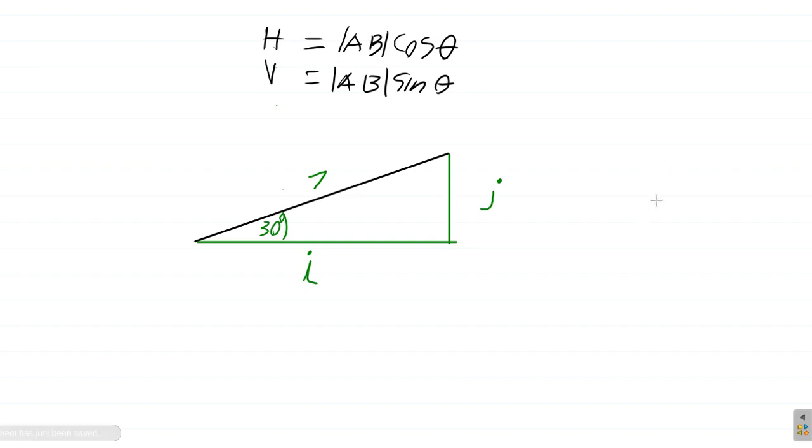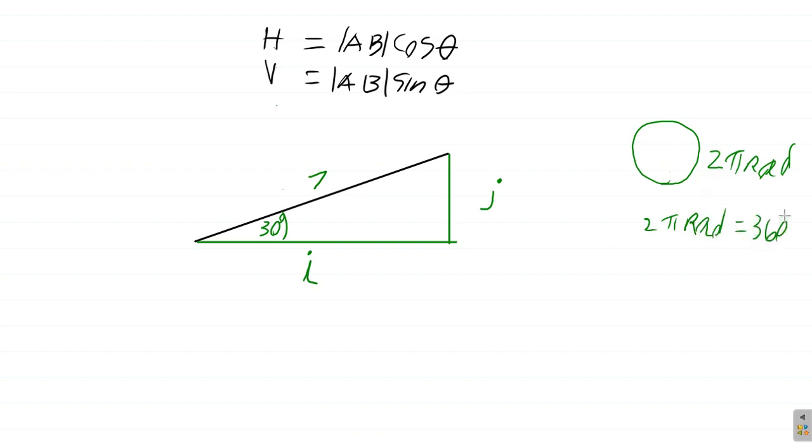Now you remember, you have one entire revolution containing 2 pi radians, because circumference equals 2 pi r. 2 pi radians is 360 degrees, so pi radians is 180 degrees.